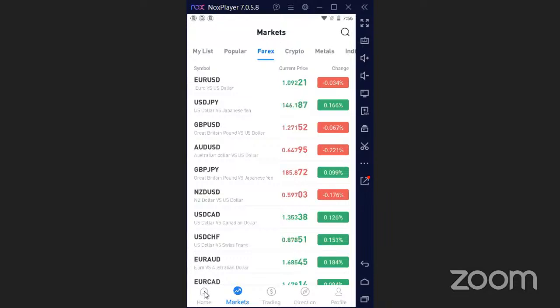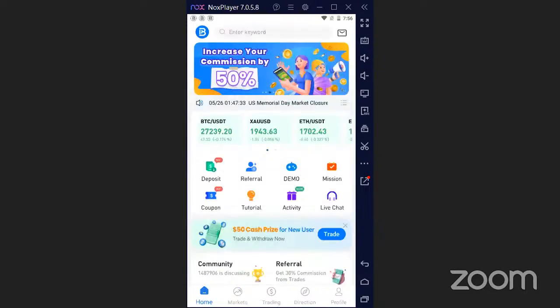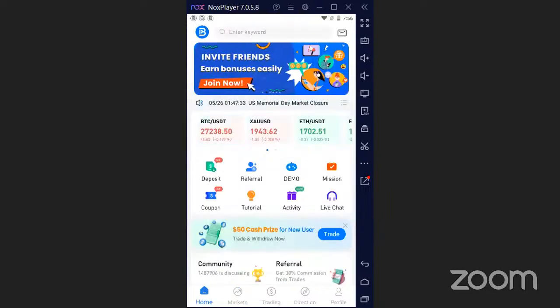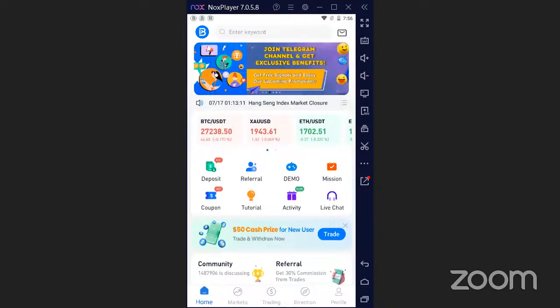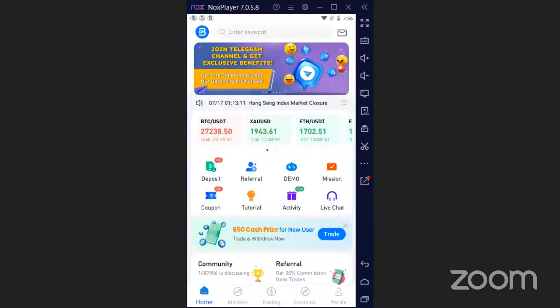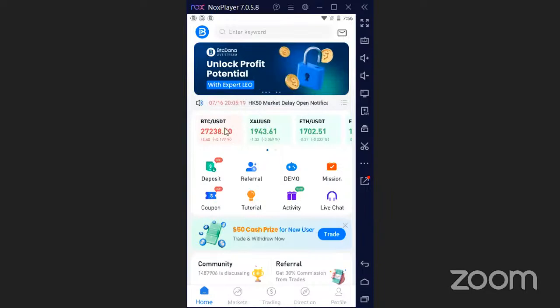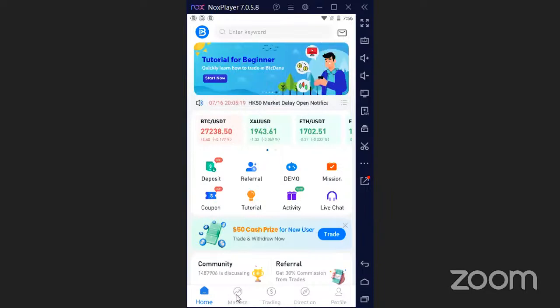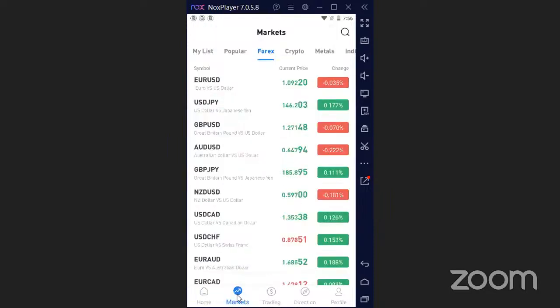If you don't know how to go to the market, once you are on the home page this way, all you want to do is just come to markets. Okay, just down below here, this option market, click on your market and you see all your markets here. Okay, this is the market.